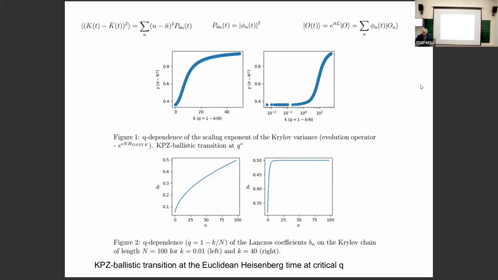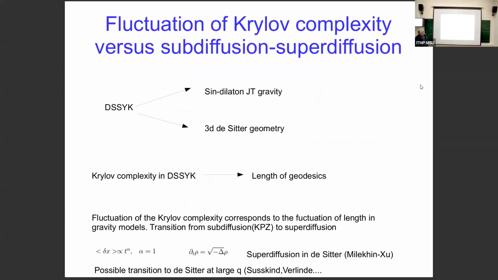What could these results be used for? Generically, when we consider diffusion problems, we have three different regimes: usual diffusion, which corresponds to critical exponent 1/2, the Gauss-Brownian motion; subdiffusion, when it's less than 1/2; and superdiffusion, larger than 1/2.